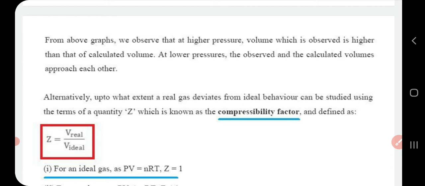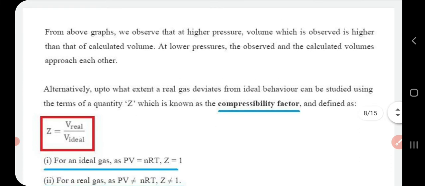So that is the relation between pressure and volume.